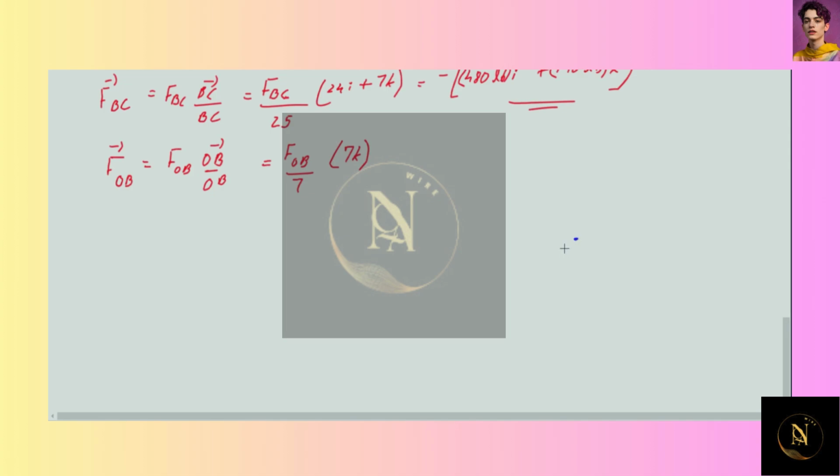If this is point B, there is FBA in this direction at some slope, there is FBO, and there is FBC.